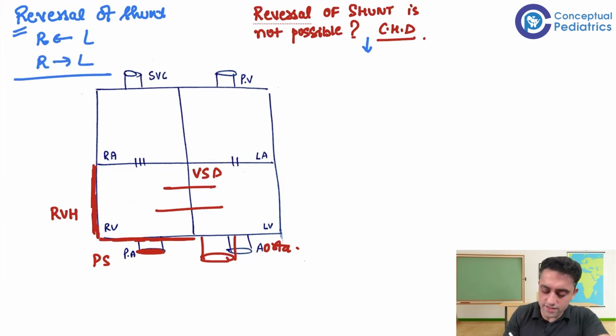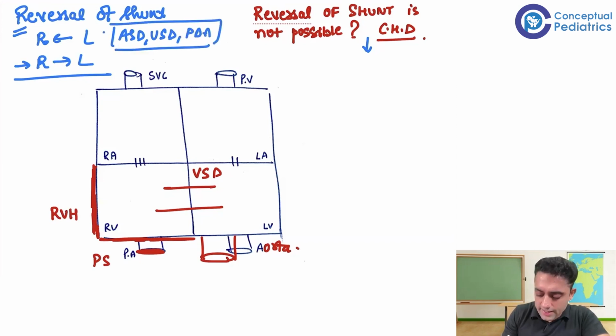Reversal, R for reversal, R for right to left. For example, ASD, VSD, and PDA are all left to right shunts, and over a period of time they can become right to left.